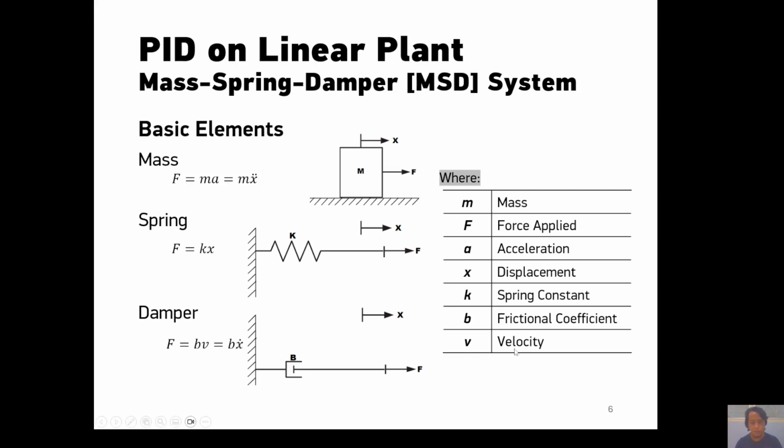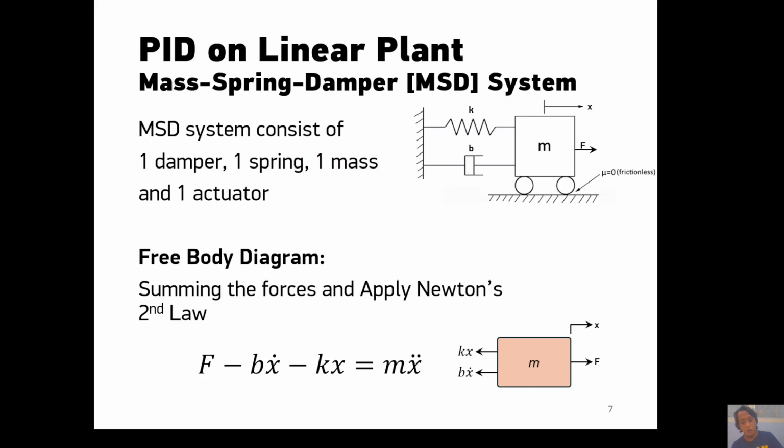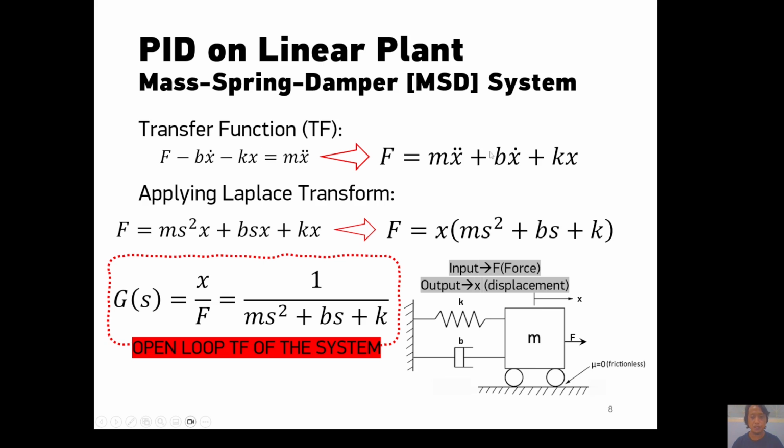And for the velocity V, in the damper's element, if we use it in the X term, it will be X dot. This is the free body diagram. From this we can get the transfer function, and from the transfer function we apply the Laplace transform, and from the Laplace transform we can get the open loop transfer function of the system.